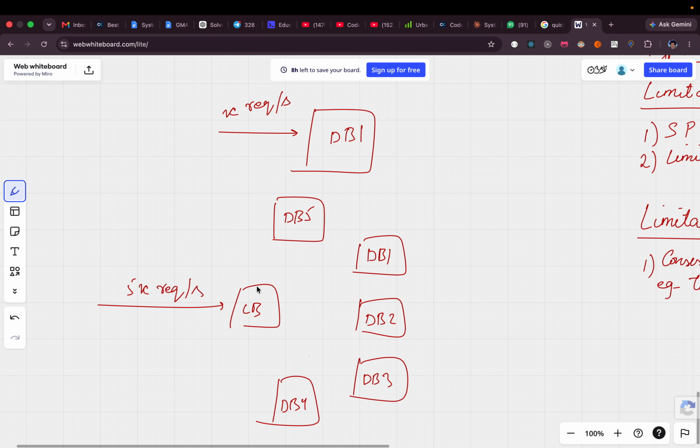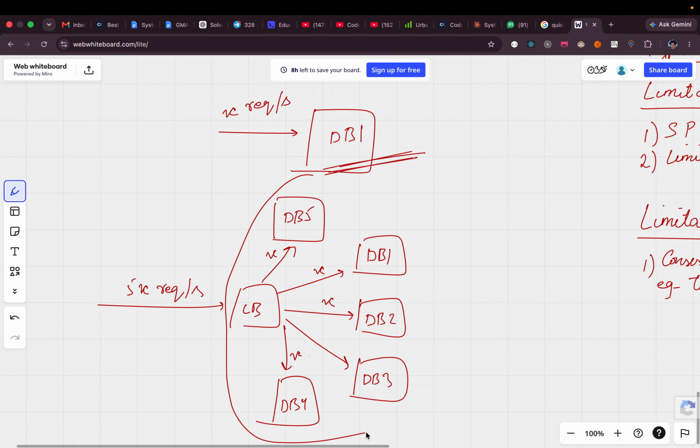And this load balancer will be sending some X requests here, some X requests here, some X requests here, some X requests here, and some X requests here. And all of these DBs are identical to the previous specification that we had. So now our entire system is able to handle 5x requests per second, isn't it?